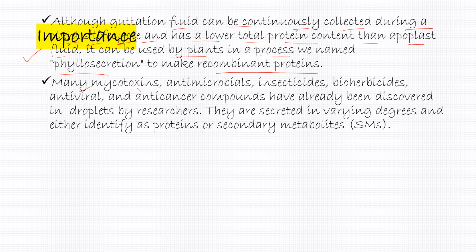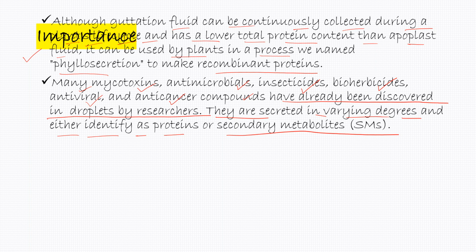Many mycotoxin, antimicrobial, insecticide, bioherbicide, antiviral and anti-cancer compounds have already been discovered and adopted by researchers. They are secreted in varying degrees and are either a protein or a secondary metabolite.